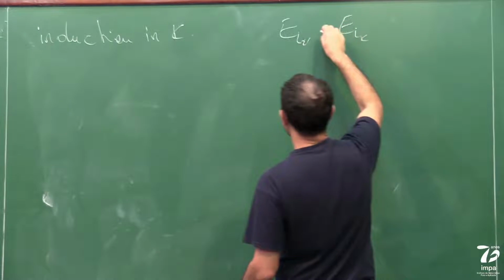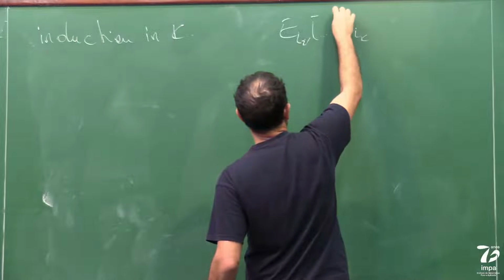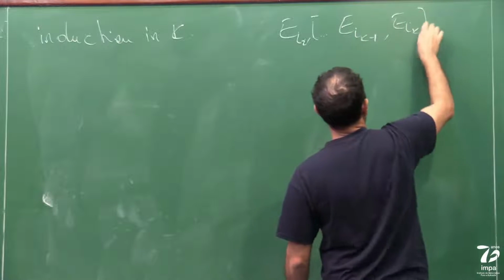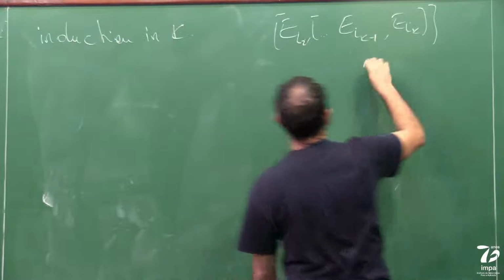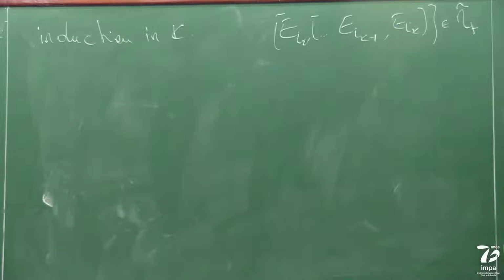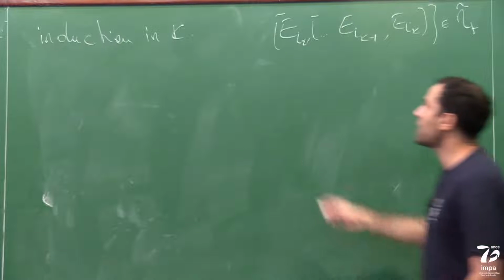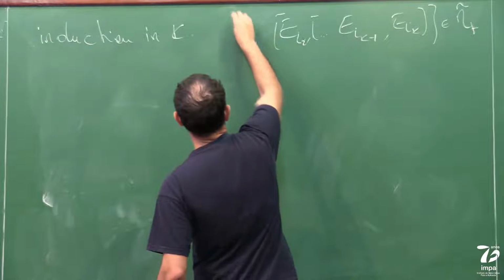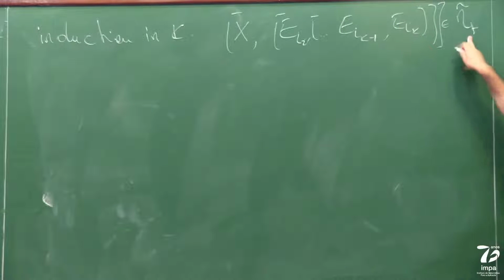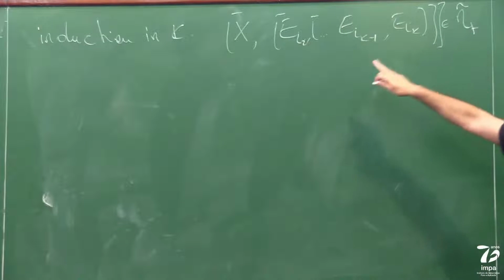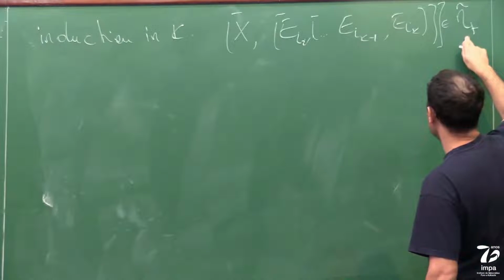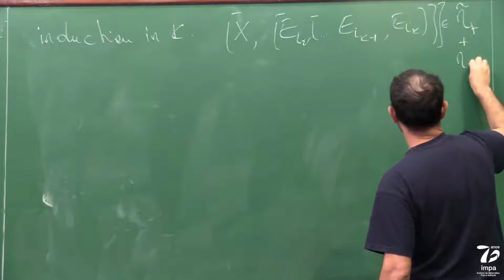So these are k minus 1 elements. And this guy, by induction, is inside of n tilde plus. And let's just take the bracket of some x with this. I want to check that if it's not here, then at least it's in the sum.